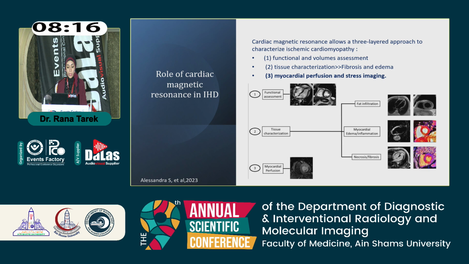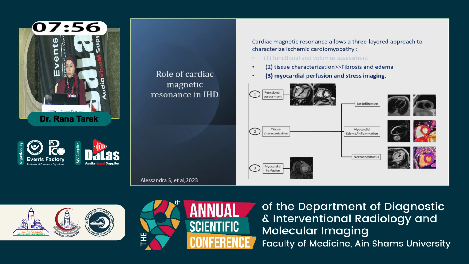For the role of cardiac MRI in ischemic heart disease, we need functional and volume assessment. We need tissue characterization for fibrosis and to exclude the presence of edema. And we can also use myocardial perfusion and stress imaging.